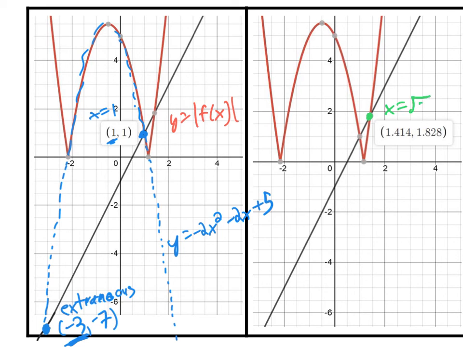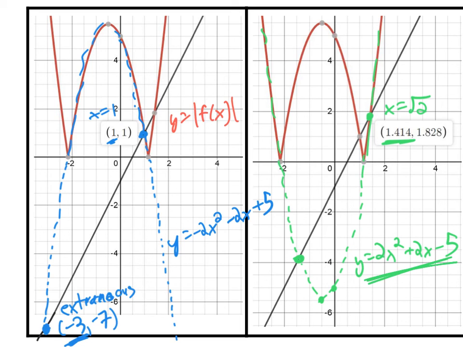Okay, let's take a look at the other solution that we found. x equals root of 2, which as you recall approximated to 1.414. That solution was a part of the other quadratic, which could be determined using the piecewise definition. So it looked a little something like this. That quadratic is y equals 2x squared plus 2x minus 5. And it would intersect this quadratic at x equals negative root of 2.